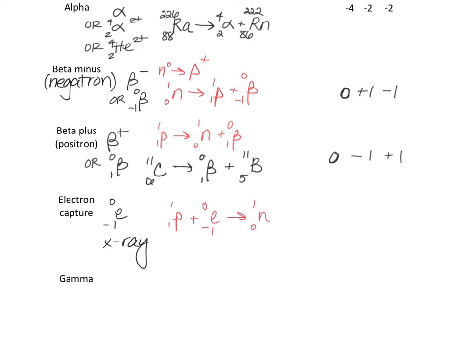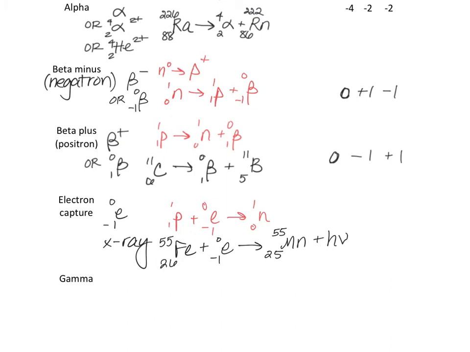So it's a little bit different than what we've written so far. An example would be something like iron 55. Iron has 26 protons, a total of 55 nucleons. We'll write the electron that's being captured. And so what we end up with is 25 protons. It changes the identity of the atom altogether, but doesn't change the overall mass number.